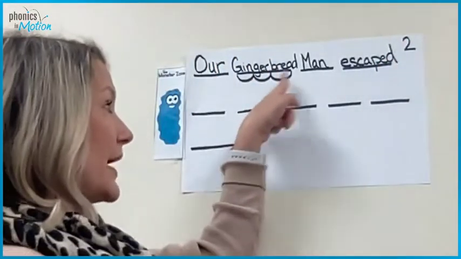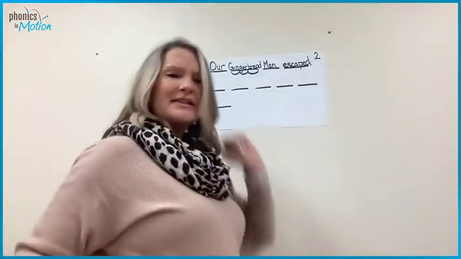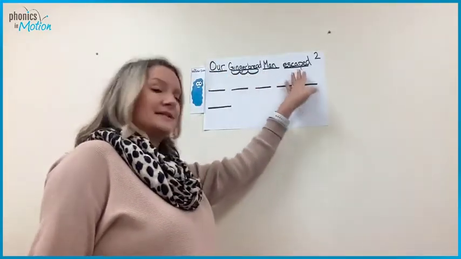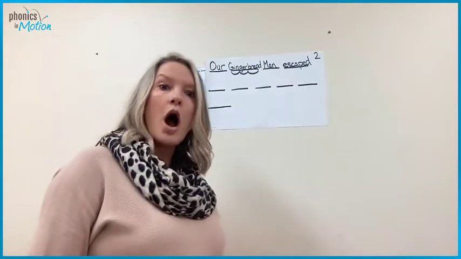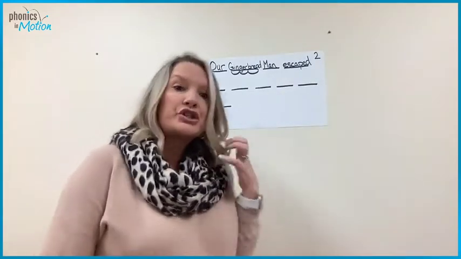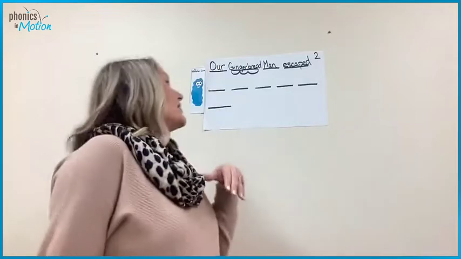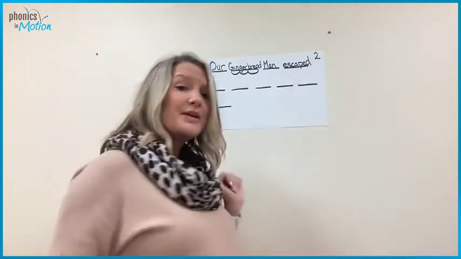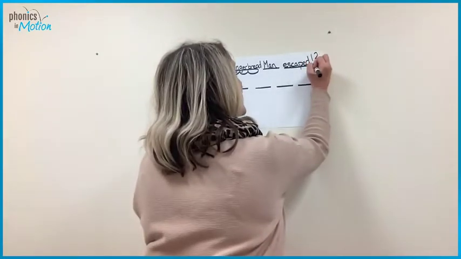Our gingerbread man escaped. Did we read it like this? Our gingerbread man escaped. No, you're right. We were shocked. So we read it like this. Our gingerbread man escaped! We couldn't believe it. So yes, we're going to put an exclamation mark at the end there.